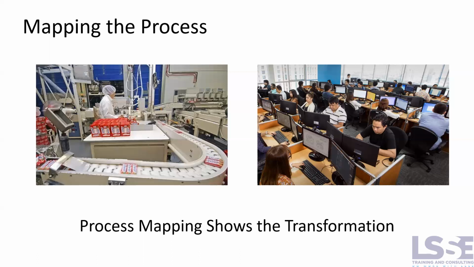You just see people sitting at their desks. You don't see the transformation of the data being converted into financial reports. You don't see that at all. And that's why it's quite useful to have a process map. The process map details how the transformation is happening in the process. So a process map is really, really useful for the service industry, where you don't really get to see the transformation that is happening.